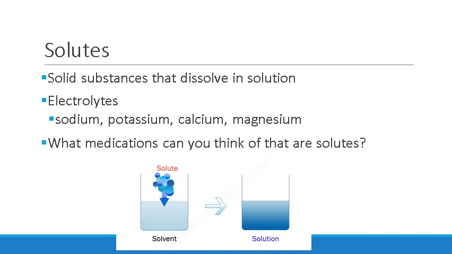So when we're thinking about this dilution that takes place, solutes and solvents and the mixing and the solution, that's going to be a different process for an older adult because they don't have as much solvent. They don't have as much water. So if there's not as much water, then the calculation of how this mixing happens can be a little altered. And if you have questions about that, please let me know.